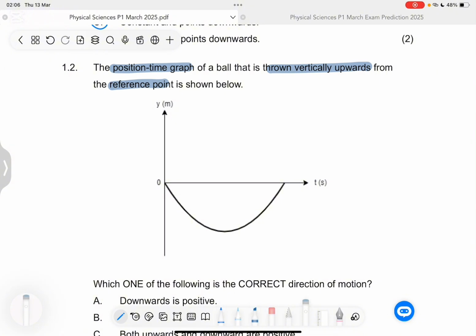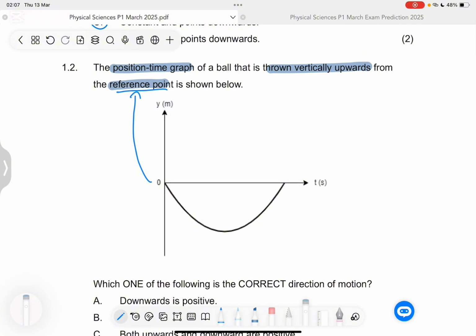You can see that at this point we have the time to be 0. We also have the position to be 0. And when the position is 0, we call this the reference point. The reference point basically is the origin, where our position y is 0. That's where we start to measure our positions or our height.